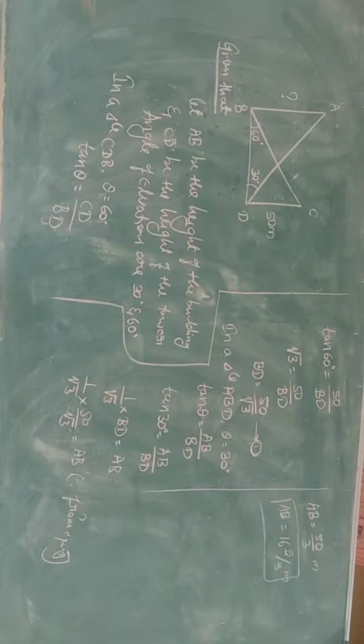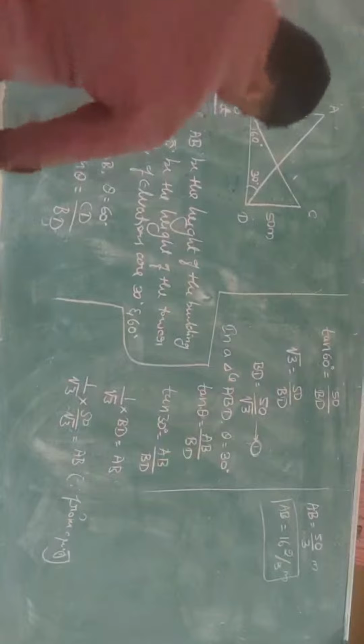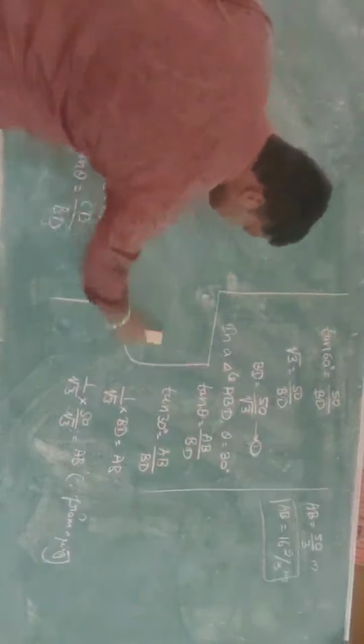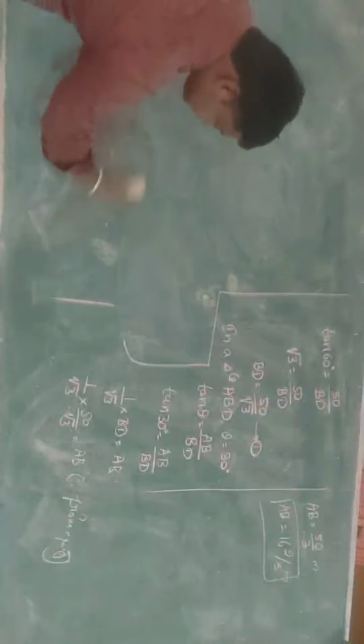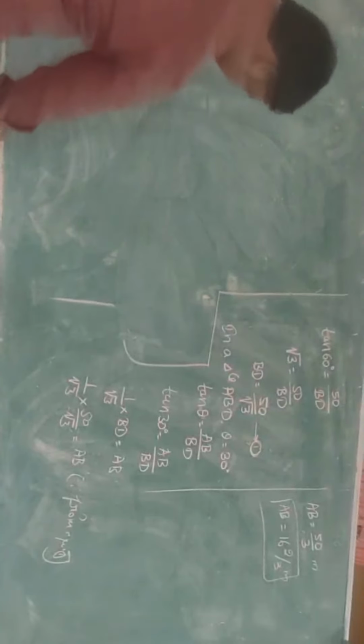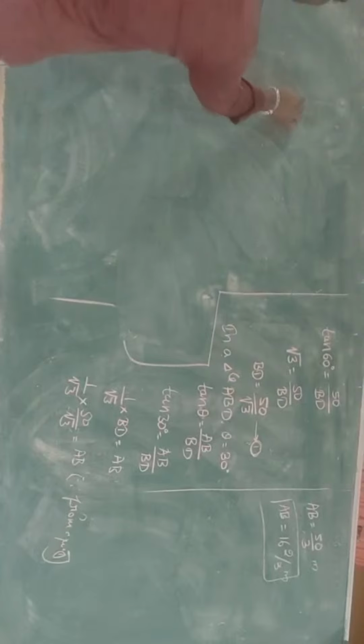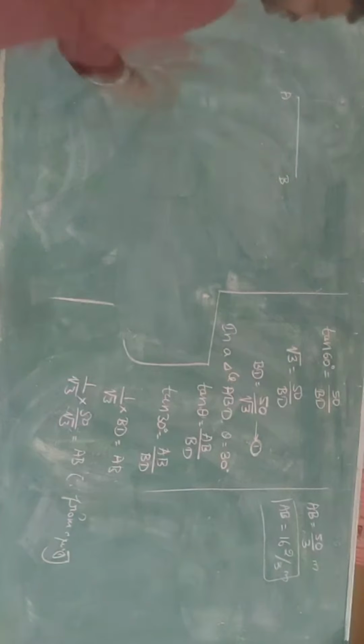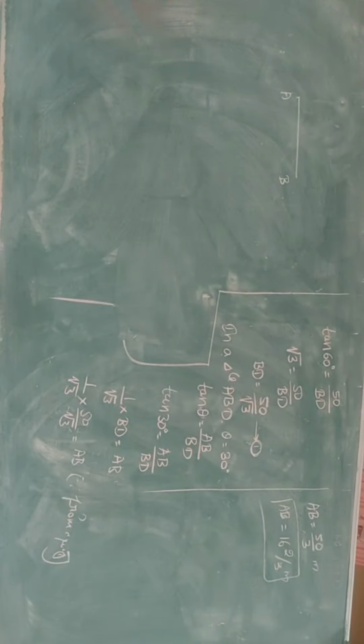See, two poles of equal heights standing opposite each other on either side of the road. Imagine AB is a road.